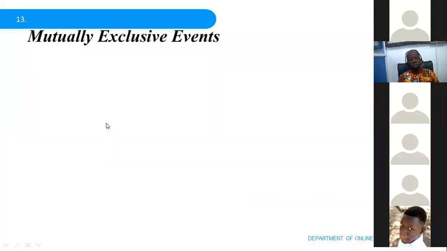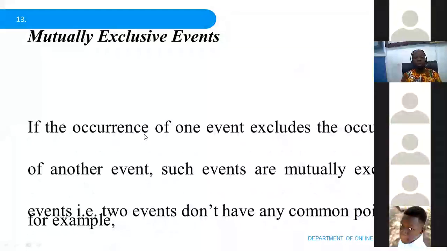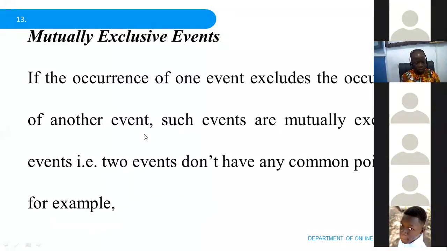Mutually exclusive event. This is another type of event. Please, you must know these definitions by default. If the occurrence of one event excludes the occurrence of another event, such events are mutually exclusive events.